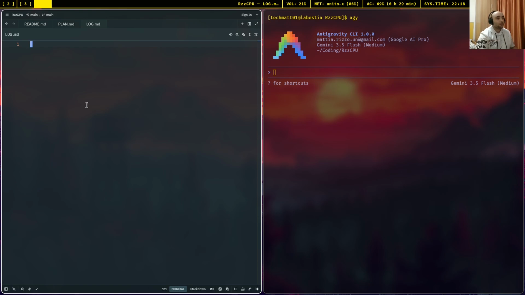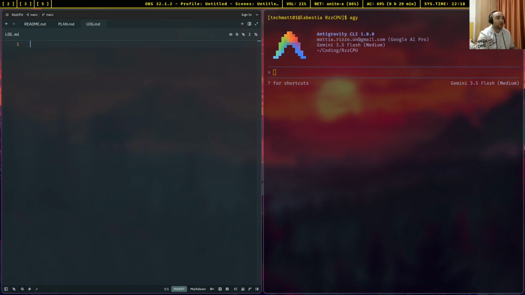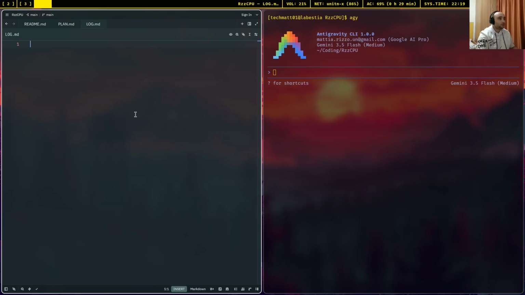So the various phases of this project and what I'm working on for each day. I think this is beneficial for me to understand what I'm building during the days, and so I'm gonna do that.